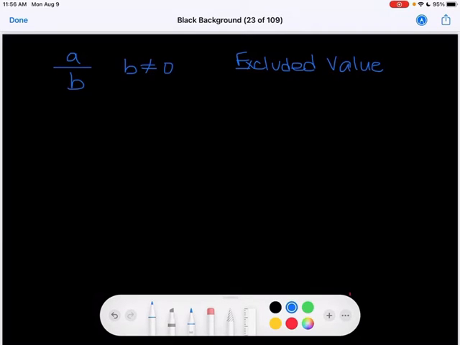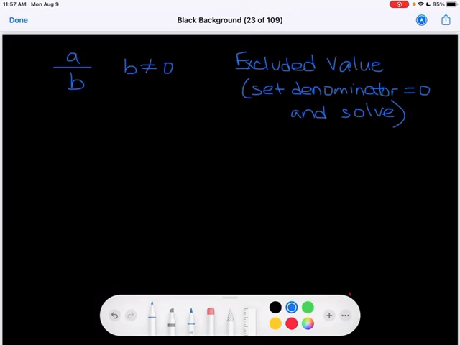So to find your excluded values, you set your denominator equal to 0 and solve. So again, when you're asked to find those excluded values for these rational expressions, you're setting the denominator equal to 0 and solving to see what's going to make it 0. What do we not want to include? Because we don't want the denominator to equal 0.